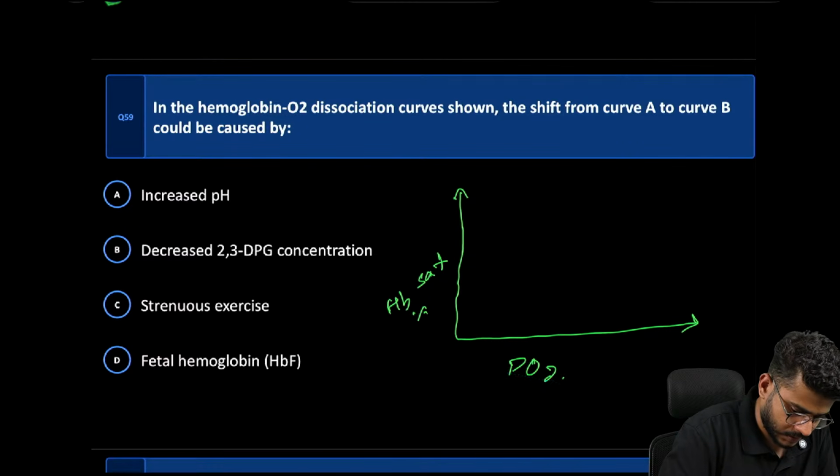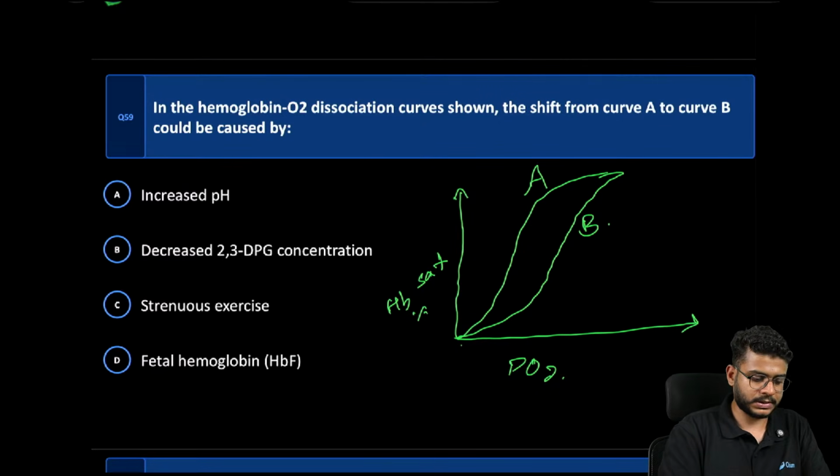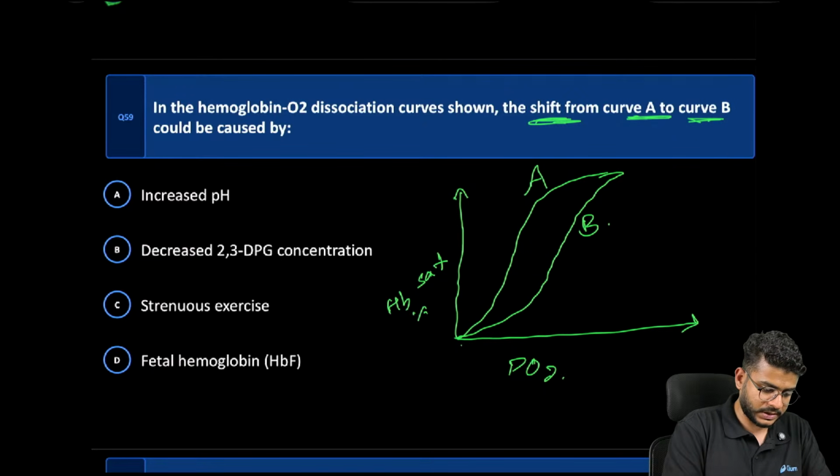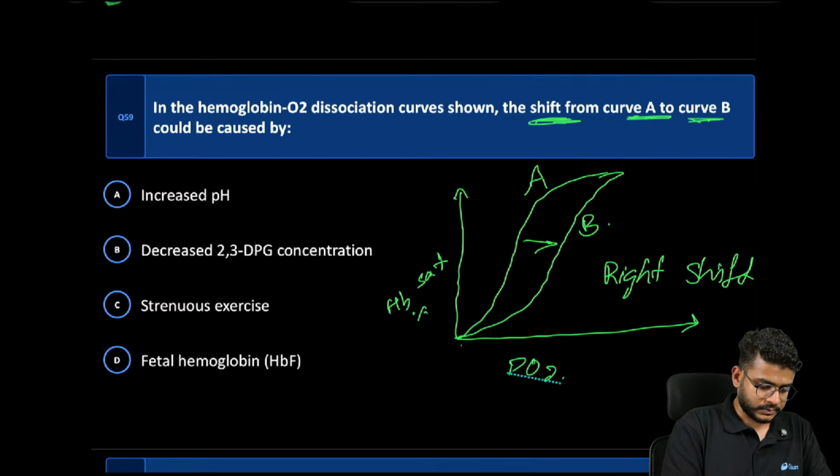This is curve A and this is curve B. So the shift from curve A to curve B, so there is what? Right shift. There is increased pH? No, there is decreased pH.